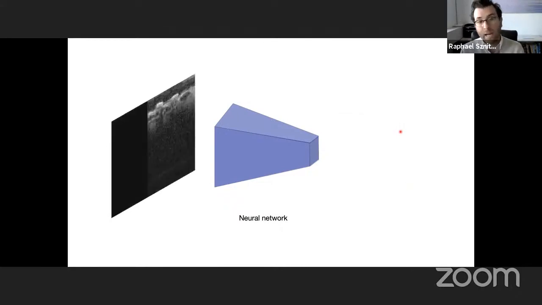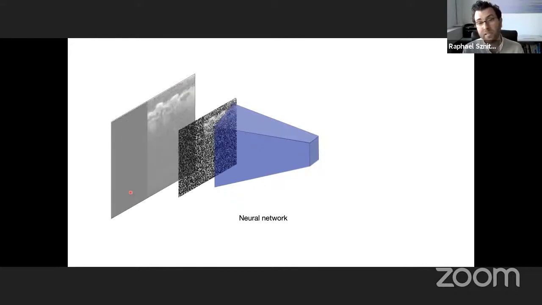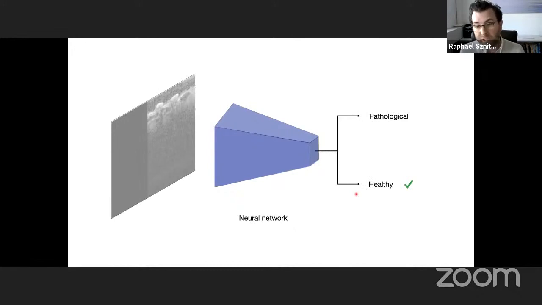But the question is what happens in this case where you now push an image that is corrupted. So half of the left side somehow has disappeared. This is coming from the actual machine itself. And you push it through the system, and it's, again, going to give you an answer. And this is where the danger comes in, because you've predicted something when you really shouldn't have, right?